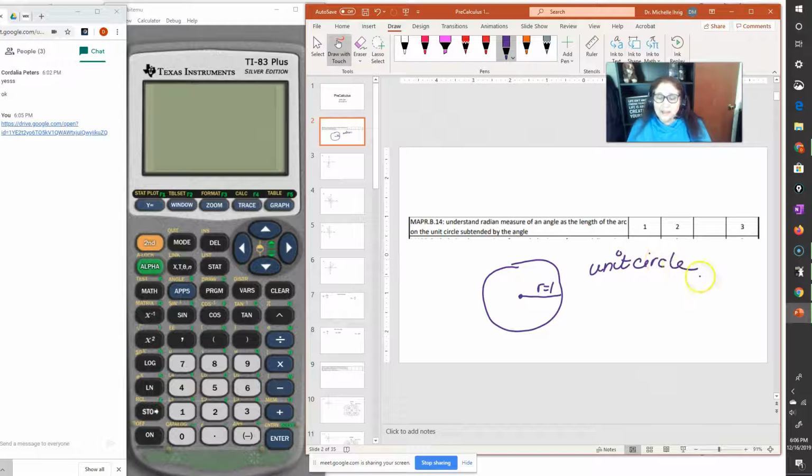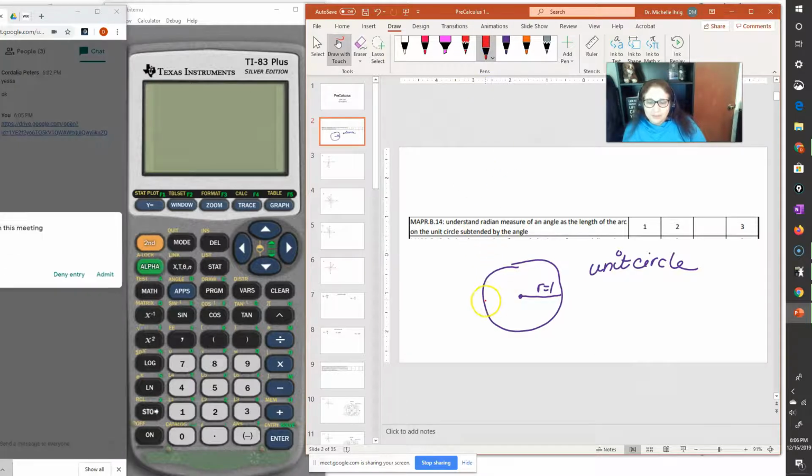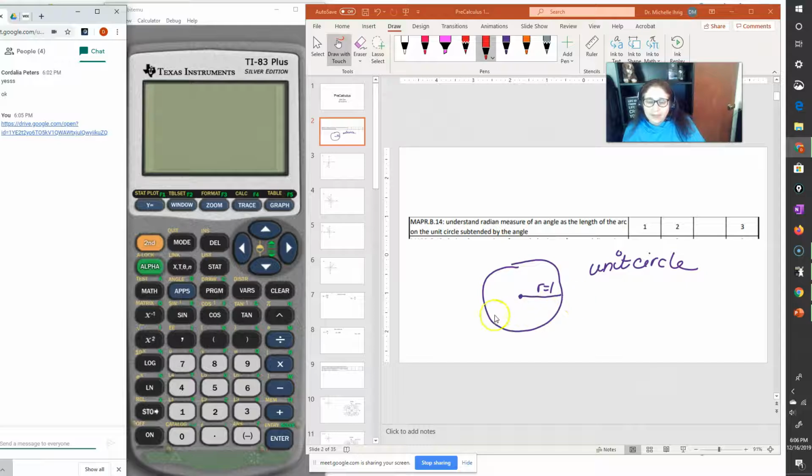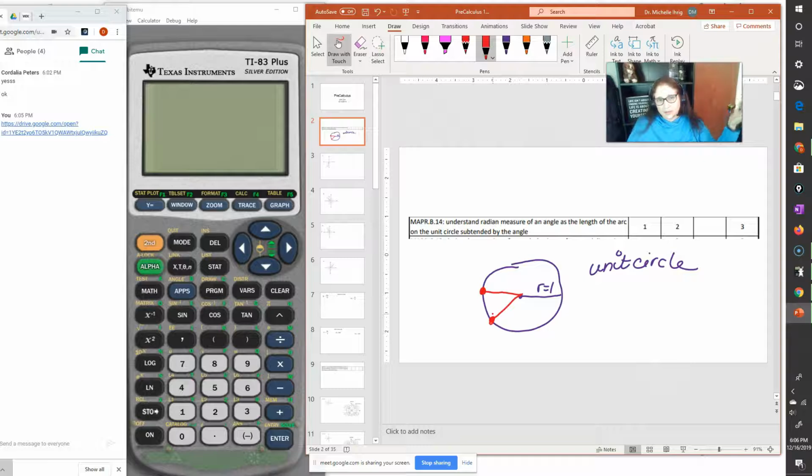And what it means that the radian measure of an angle is subtended, basically all that means is if you have an angle like this, subtend means that it touches the circumference of the circle. That's all that subtend means.